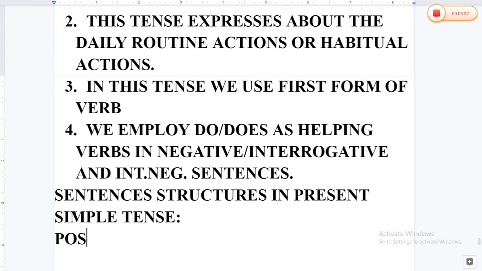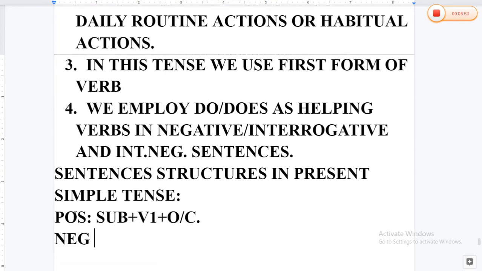Positive: subject, verb first form, object, complement. Negative: subject plus do/does plus not, main verb first form plus object, complement, and full stop.